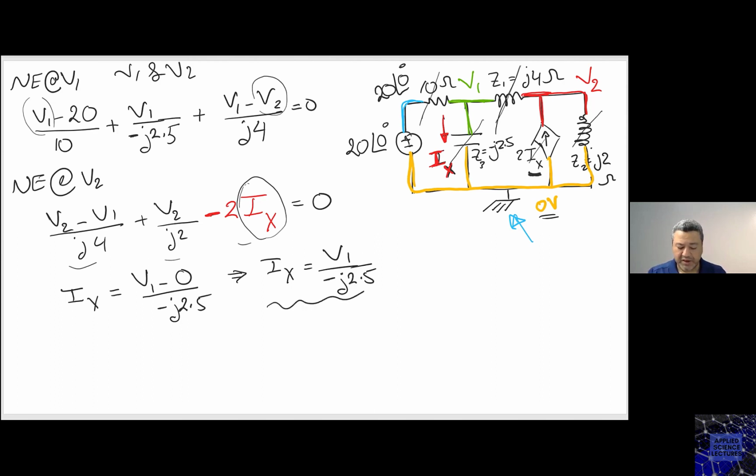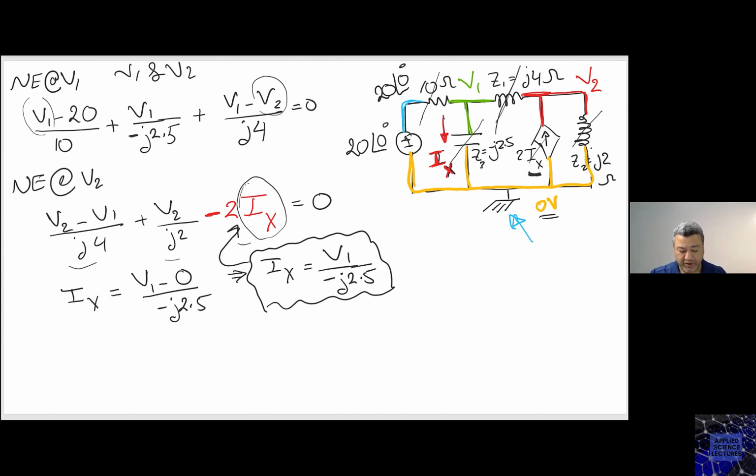So this is the expression that I have derived from my circuit, knowing my standard variables, right? What I can do now is take this ix and substitute it in this equation, and then I will be getting the two nodal equations, two equations, two unknowns, and then the problem is solved, right?